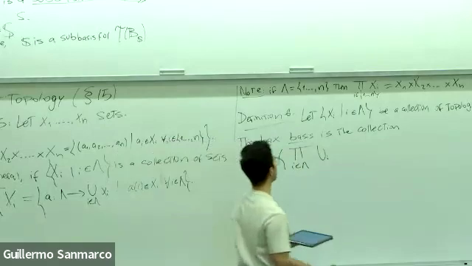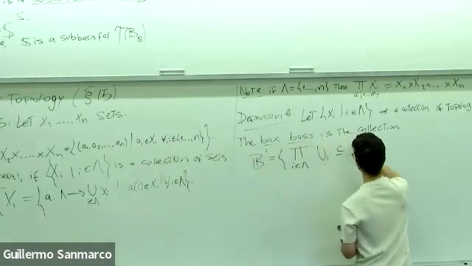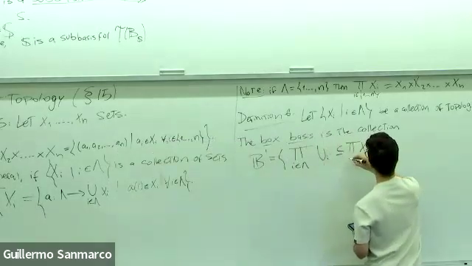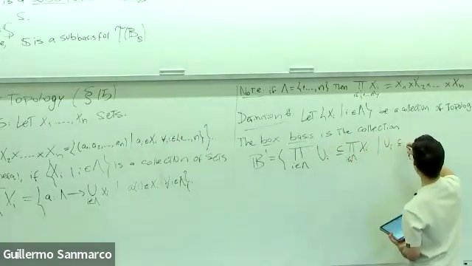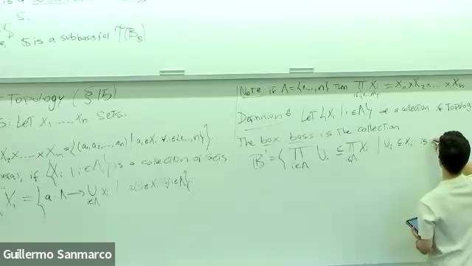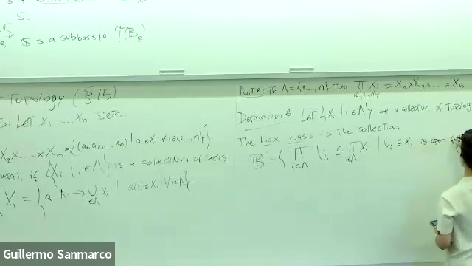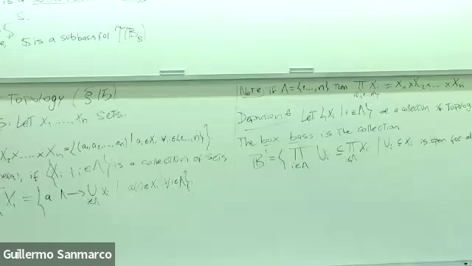So this is going to be a subset of products of all Xi's, where Ui inside of Xi is open for all i in Lambda, open according to the topology of Xi.